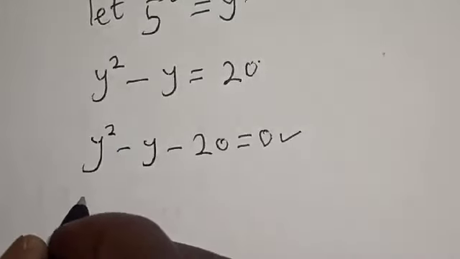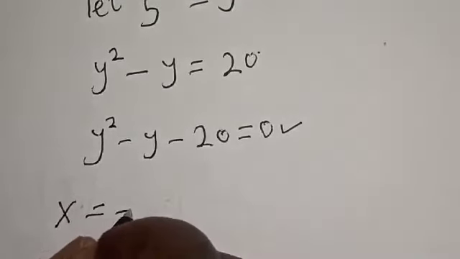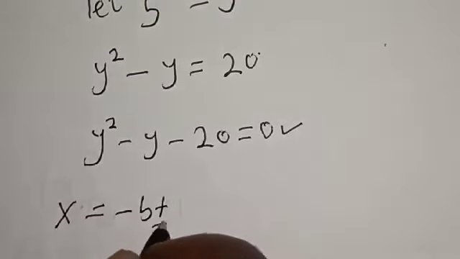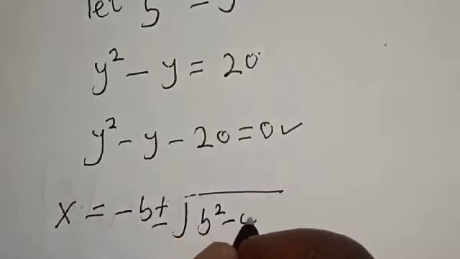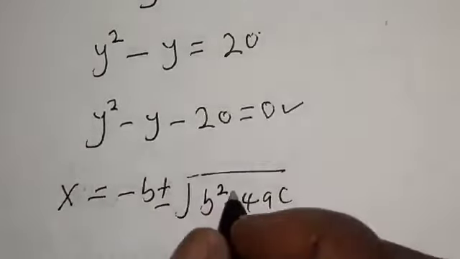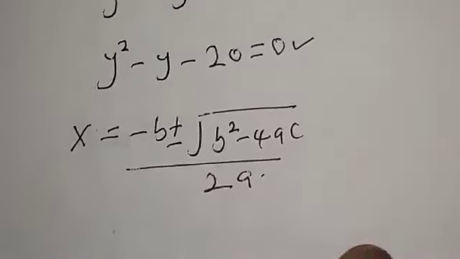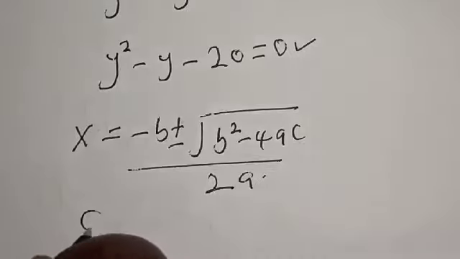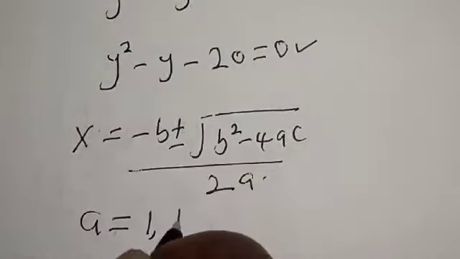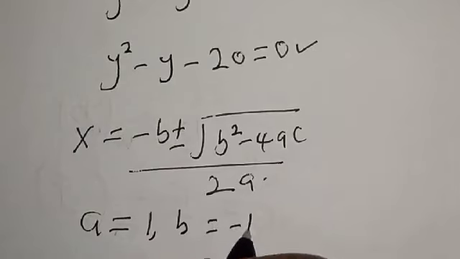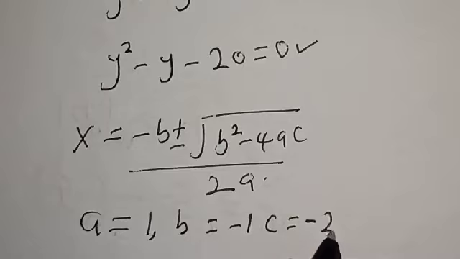In our quadratic general formula, x is equal to minus b plus or minus the square root of b squared minus 4ac, over 2a. Our a from this equation is 1, b is equal to minus 1, c is equal to minus 20.